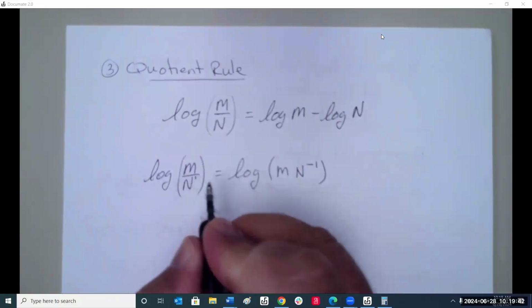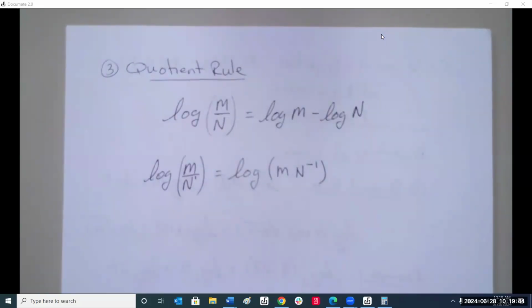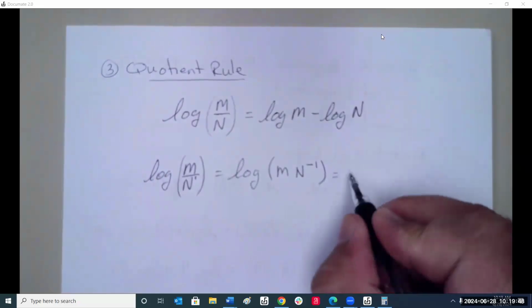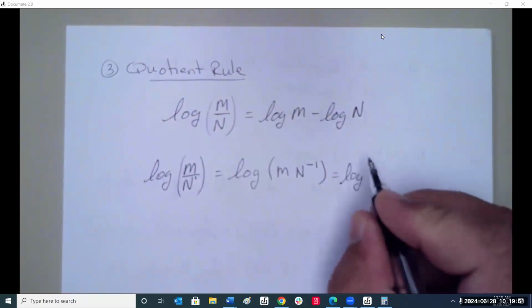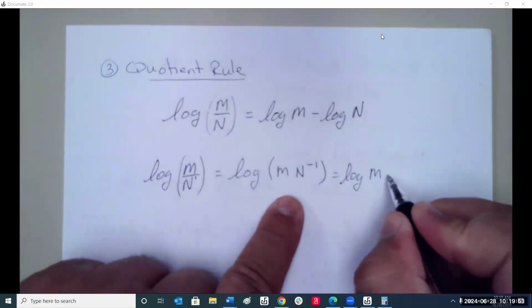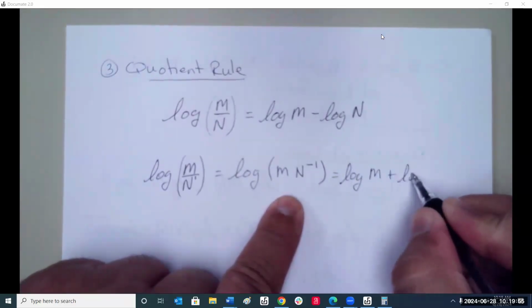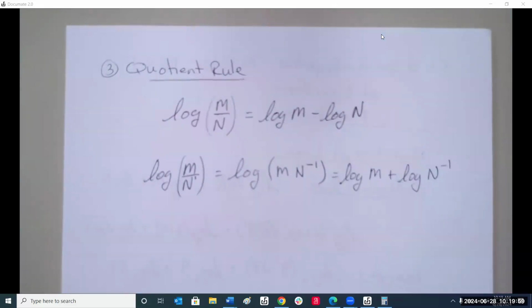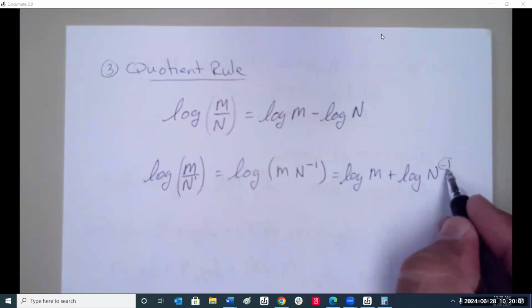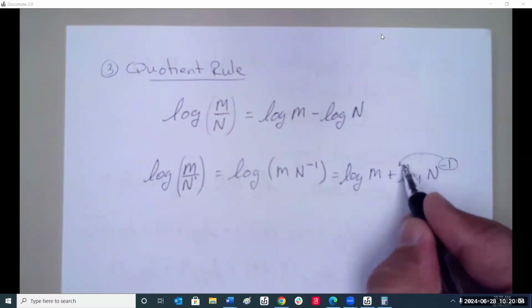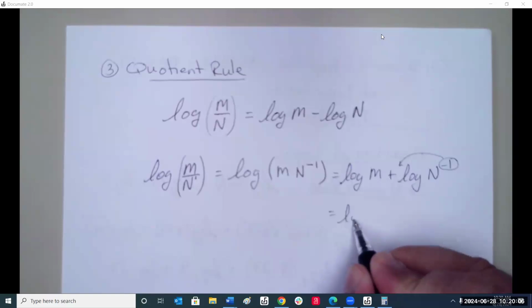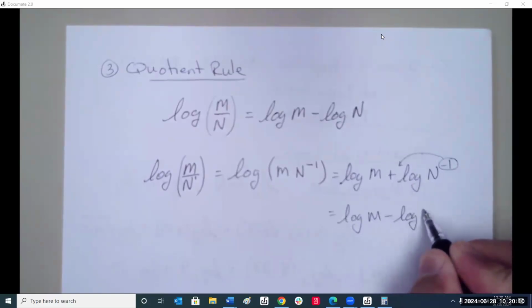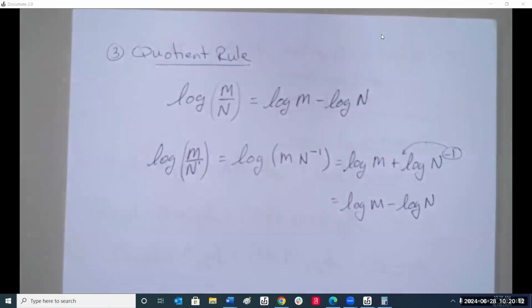Right now it's +1. I change it to a -1. Now it's a product rule. So I have log of m plus log of n to the power -1. The power rule says that negative comes down. And there you have it. That's where it came from.